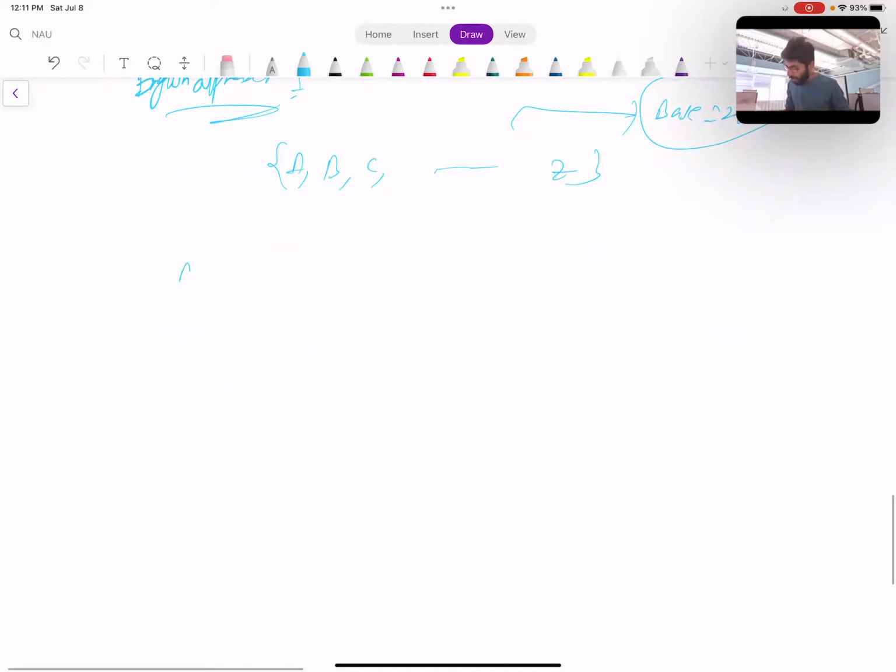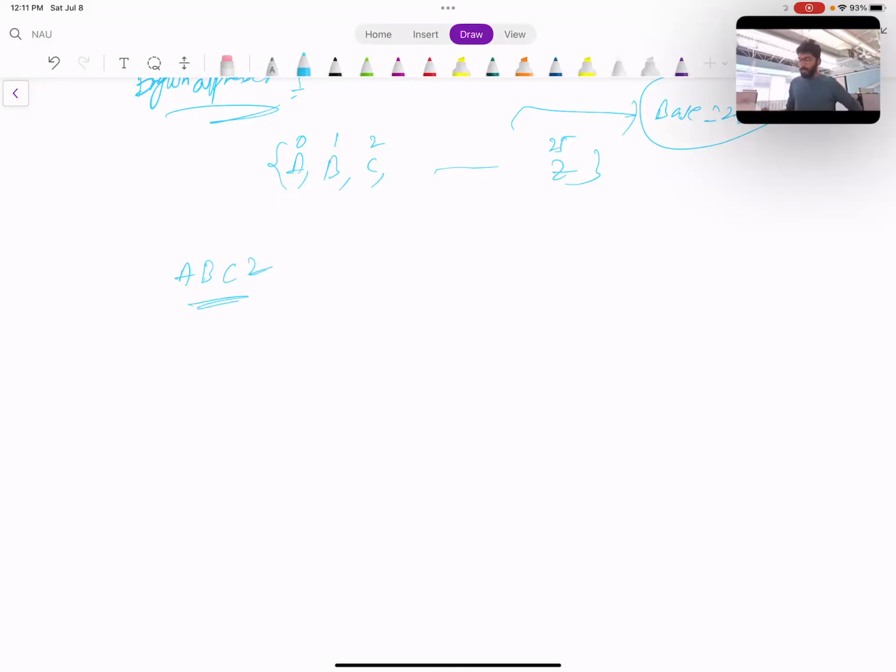Suppose A is 0, B is 1, C is 2, and Z is 25. Assume this is the case, and I want to generate a radix value for something like A, B, C, Z.